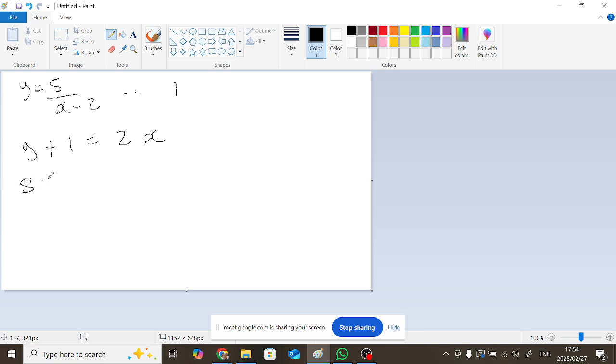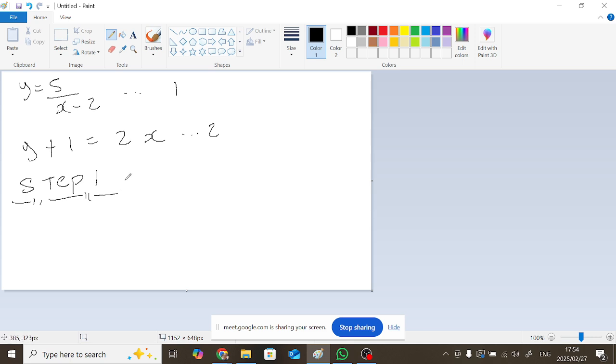So step 1, I would recommend, if we can see y's, or we already have y over here, we can just substitute. So that's equation 2.